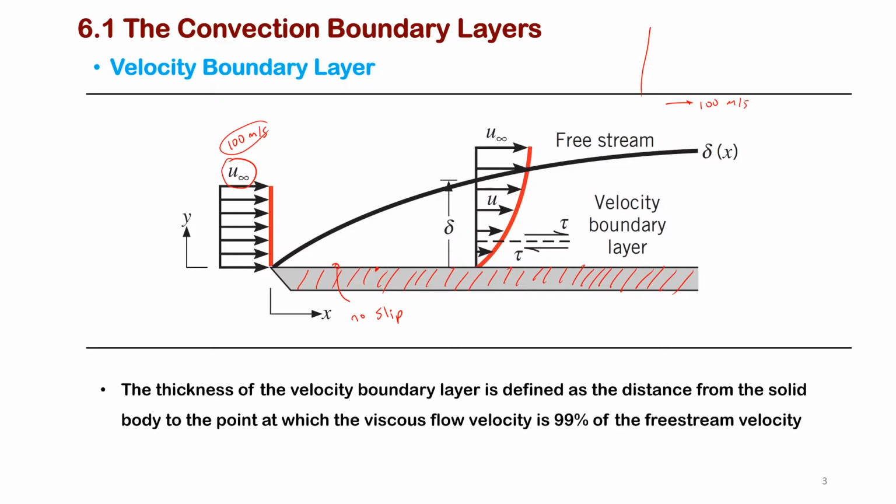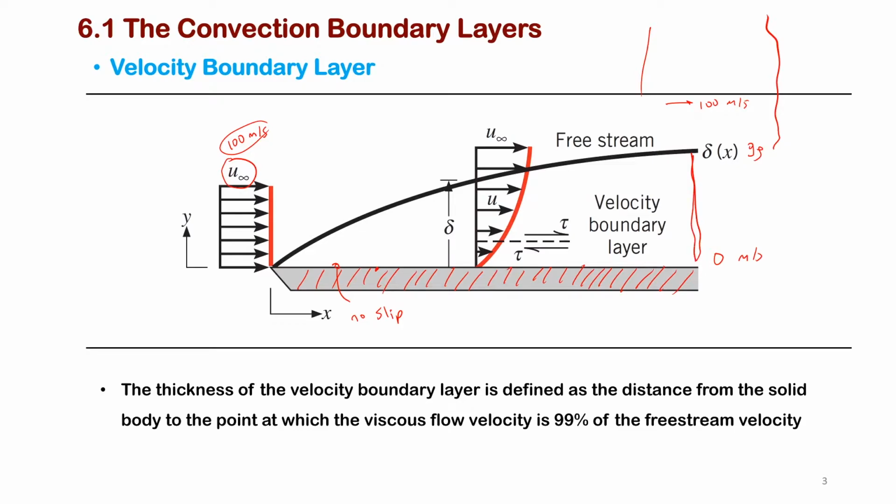Obviously velocity will change from 0 to 100, but this change happens in a particular way, and it happens in a very rapid fashion within a thin layer. So it changes from 0 to 99 within a very thin section of the fluid, and that thin section is called the velocity boundary layer. And then the change from 99 to 100 happens over a very, very long distance.